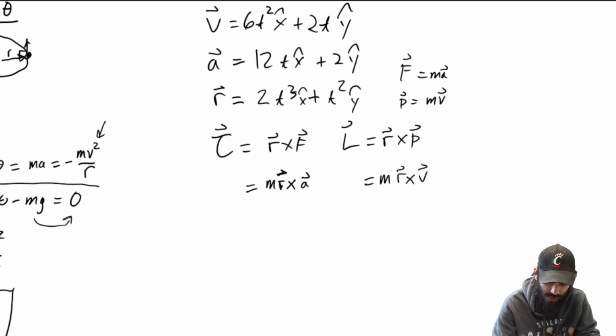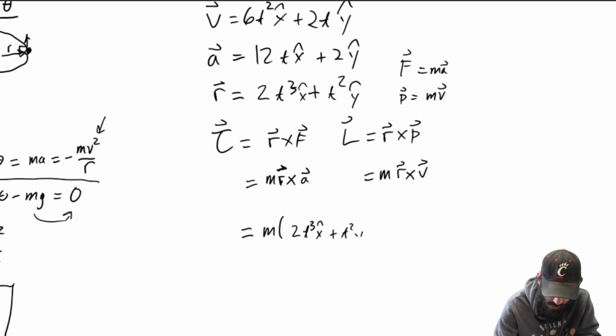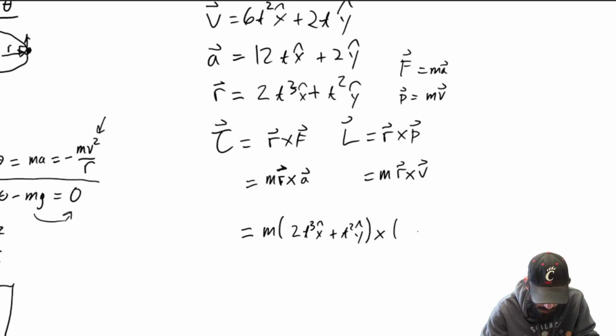So let's start with calculating the torque first. This is going to be M times our R, which is 6t cubed x hat plus t squared y hat, crossed with the acceleration, which is 12t x hat plus 2y hat.